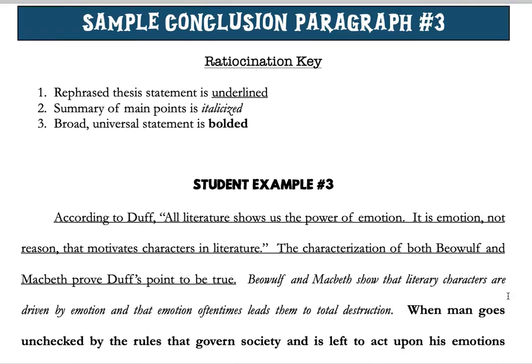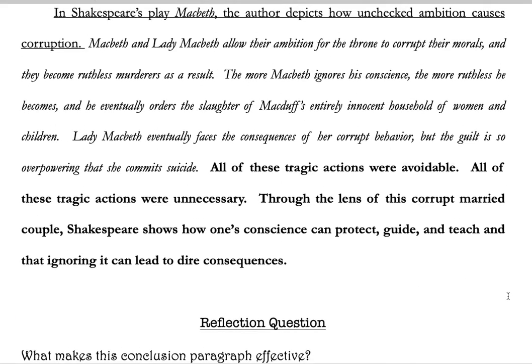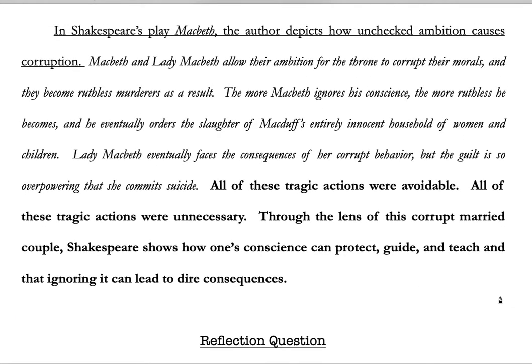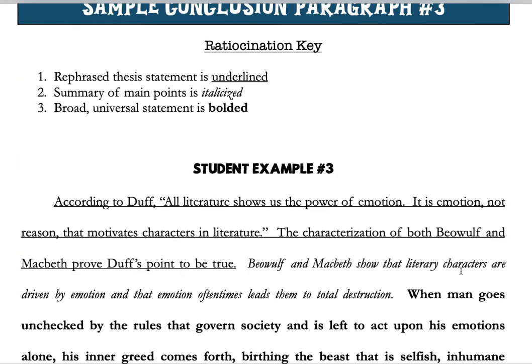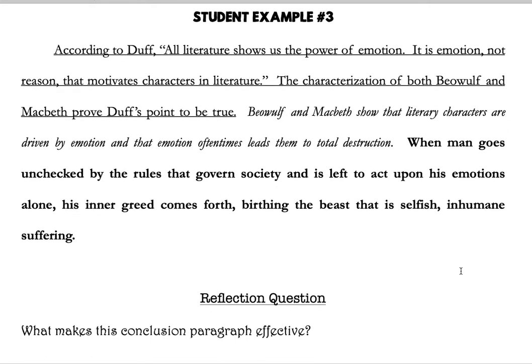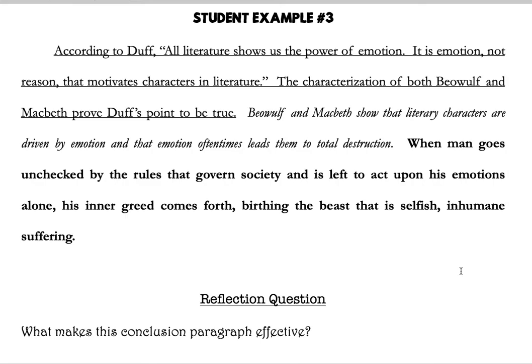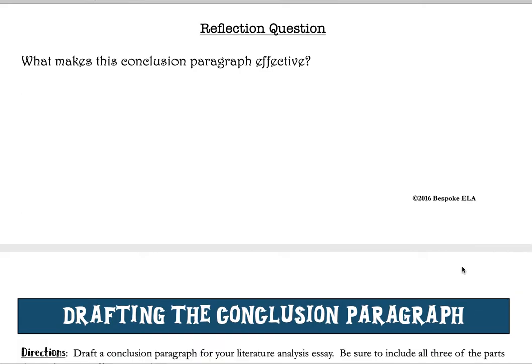I want you to note that concluding paragraphs don't need to be super long. 5 sentences, 6 sentences. They don't need to be really, really long because you're not introducing any new arguments. You are just wrapping up the arguments you've already presented.